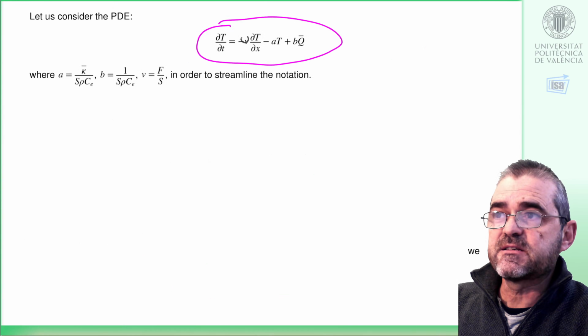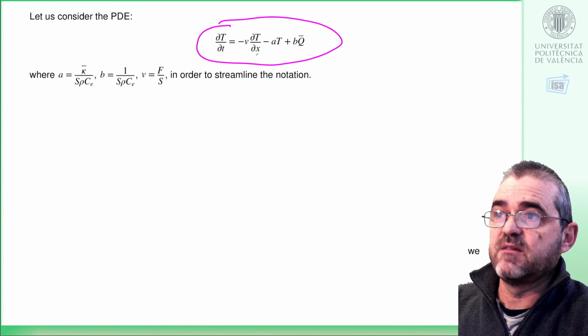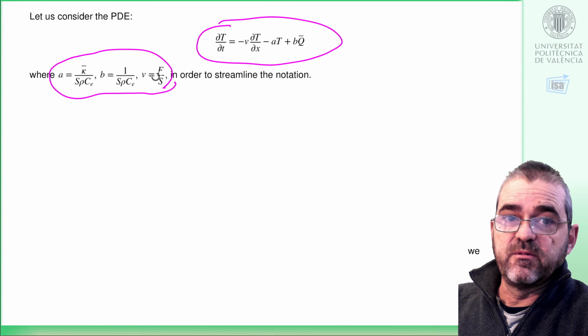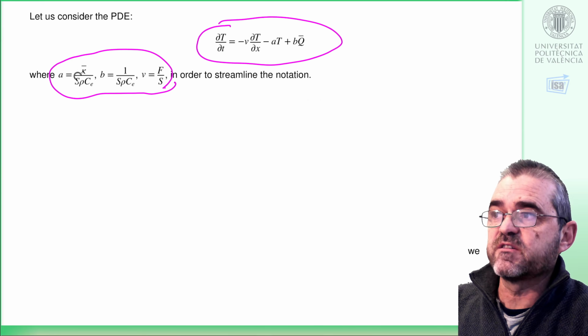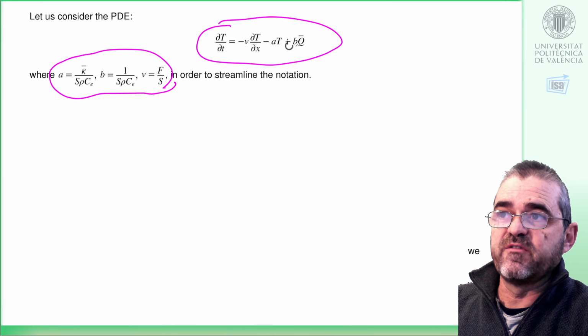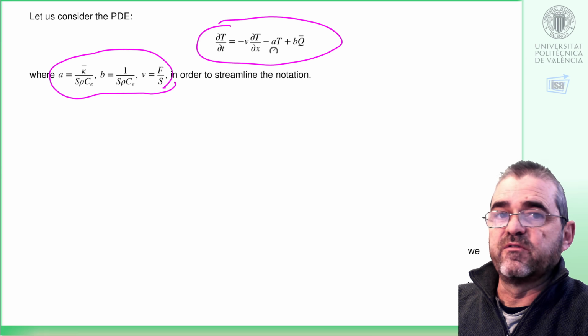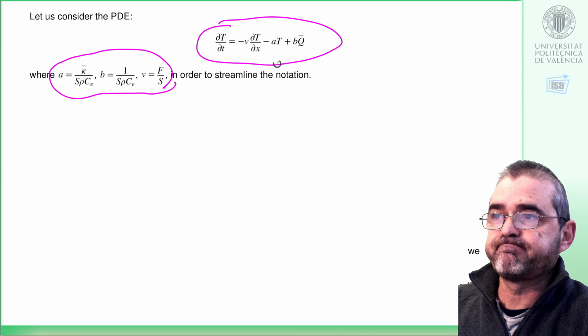So let us discuss how to solve this PDE, which is exactly the same, but in order to avoid clumsy notation with lots of physical coefficients, we have just named as V the transport velocity and A and B the coefficients that multiply temperature and heating power, so we shorten notation for further developments.